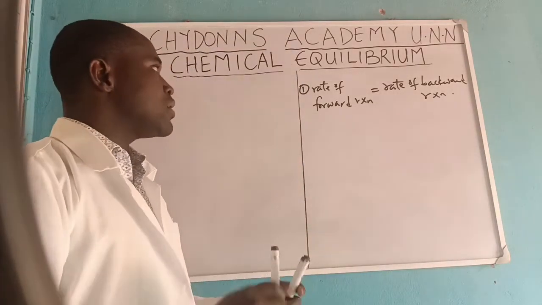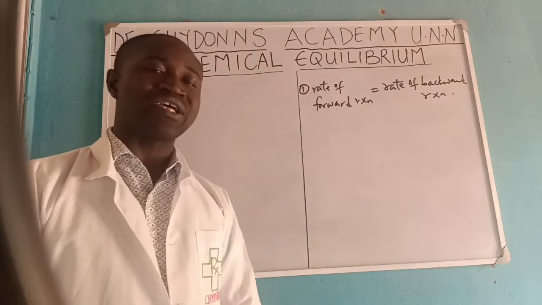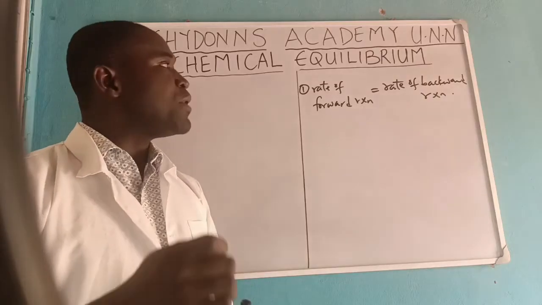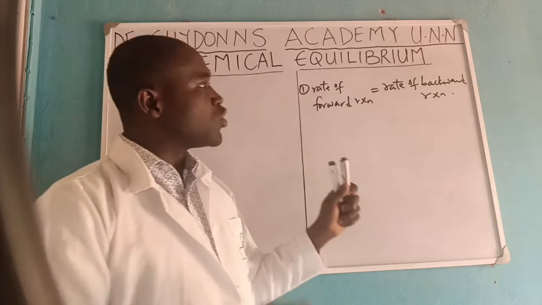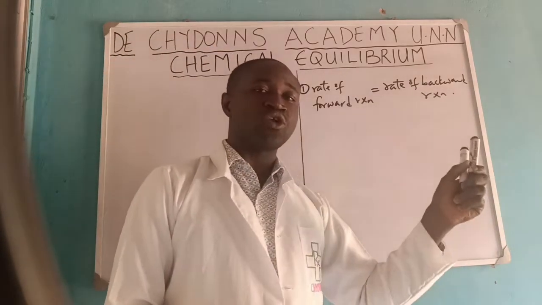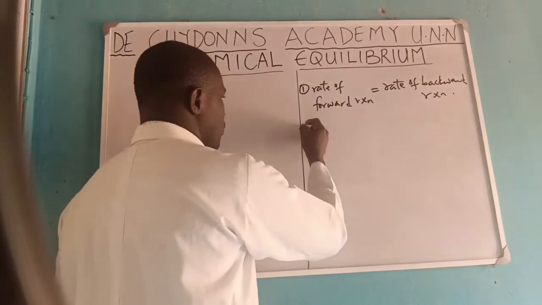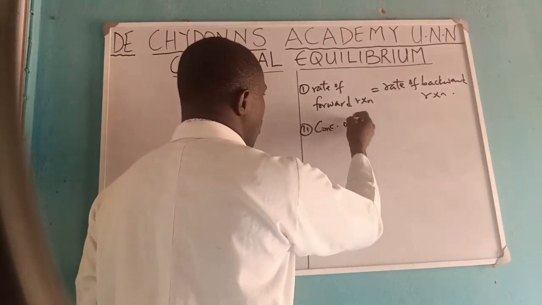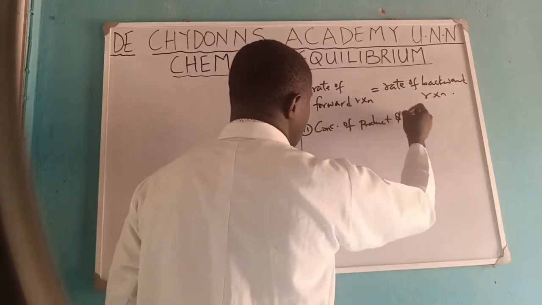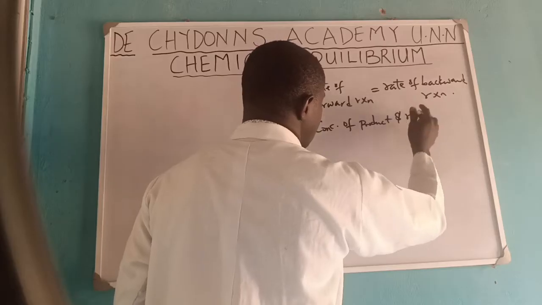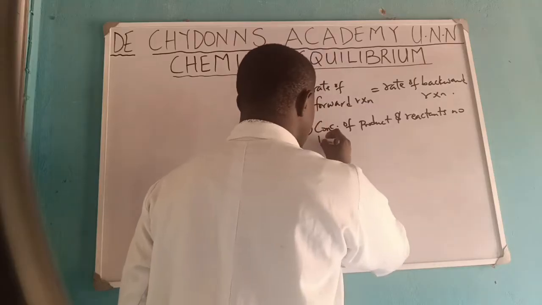Now, what do we mean by rate of forward reaction being equal to rate of backward reaction? It simply means that the rate of forward reaction is said to be equal to the rate of backward reaction when the concentration of products and reactants no longer changes with time.